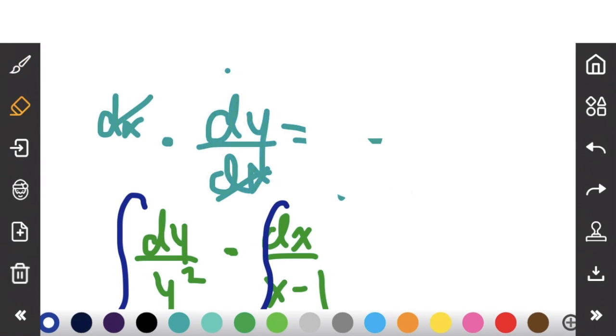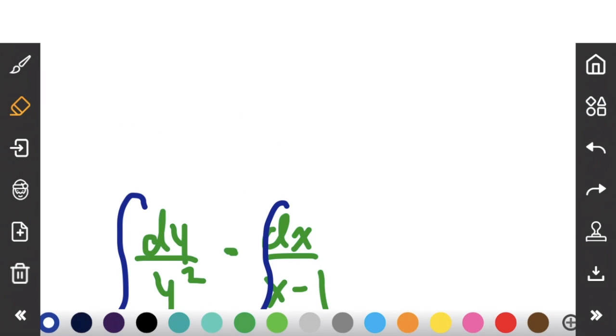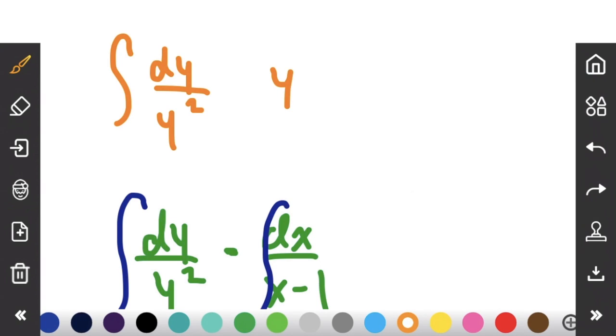We'll do one side at a time. So we'll do the dy first. You have dy over y squared. This is just a normal power rule, so I would bring the y squared to the top, making this -2, right? And so a power rule, you add 1, and -2 plus 1 equals -1.